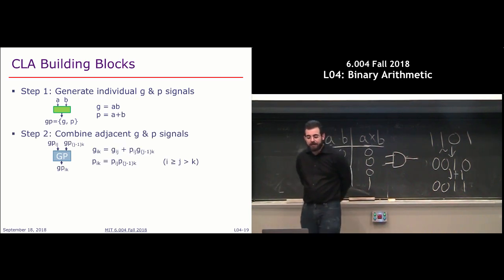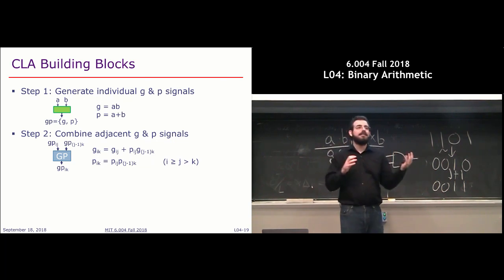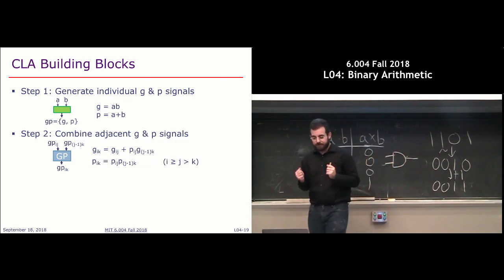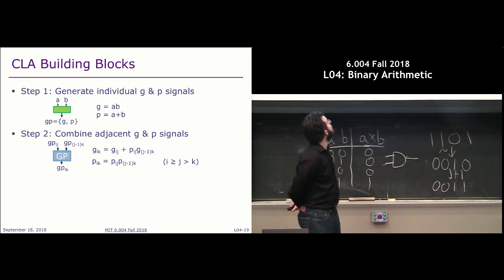Then we're going to have a tree of GP blocks that combine adjacent G and P signals. And so these two signals, the generate and propagate of the combination, are just the formula that we saw before, right?